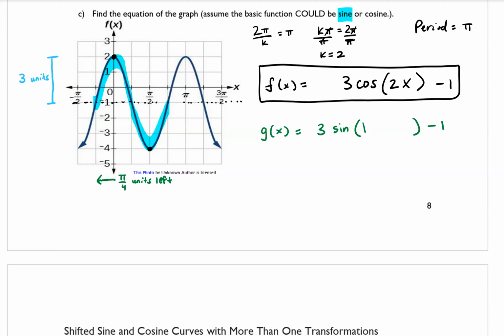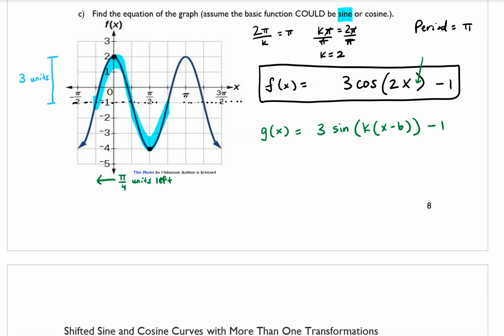The general form is going to look like k times x minus b with that extra set of parentheses on the inside, where k is determined by the period like we did for cosine up above, and b is the phase shift. Notice again, just to reiterate, that there is no phase shift here because our graph started on the y-axis, where here, if we're thinking about this in terms of sine, it's been shifted to the left a little bit.